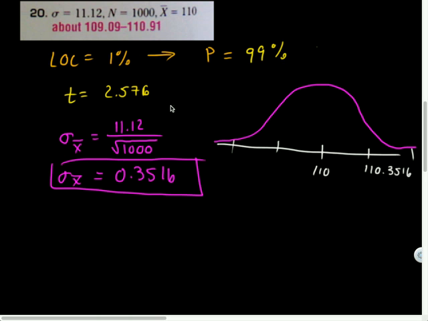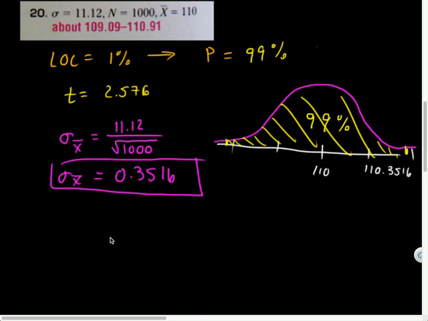So if I have a 99% level of confidence, I'm trying to figure out what the range is that's going to give me 99% of the data about the mean. And that's why I chose a t-value here. And now I've got everything I need to figure this out.